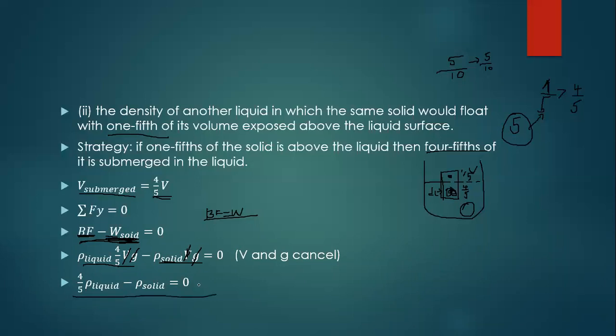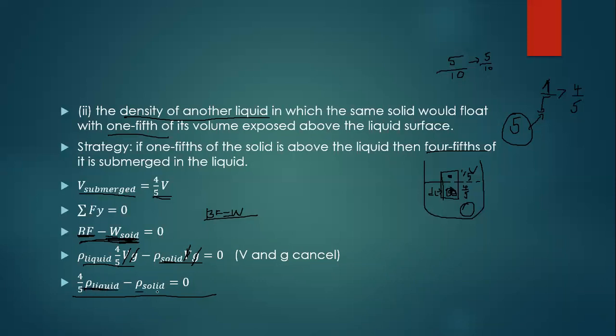All right. So what are we looking for here? Find the density of another liquid in which the same solid would float 1/5. We are looking for the density of what? Another liquid. So we are looking for this one here.